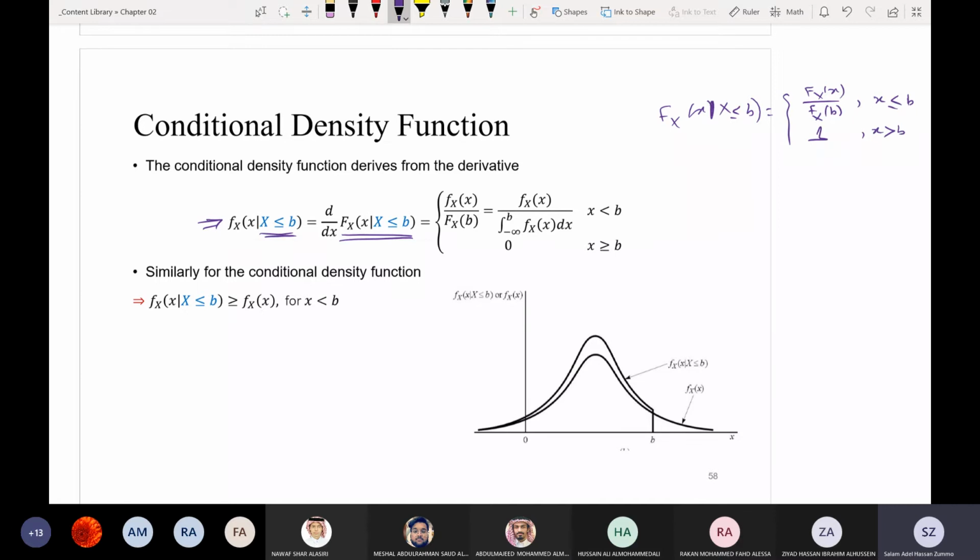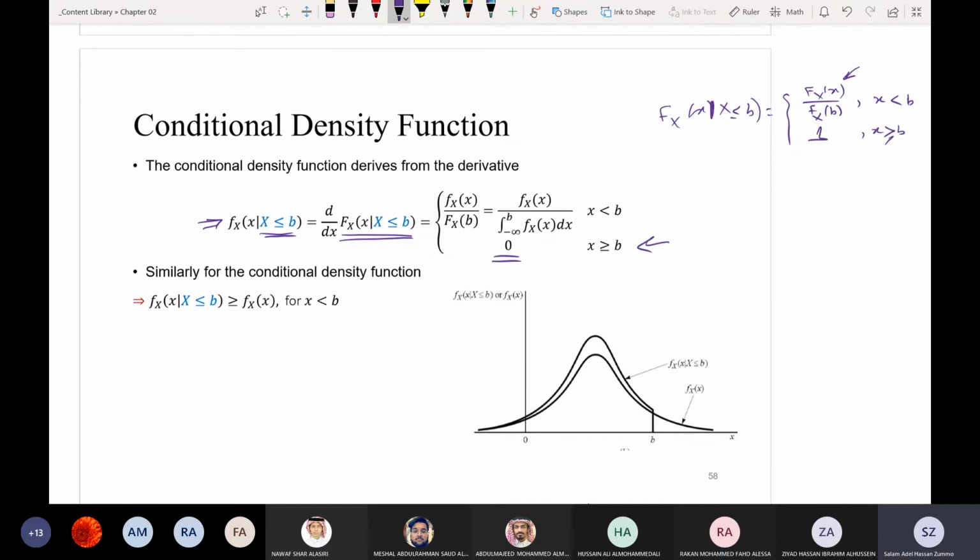So differentiating this gives you the following. For x larger than or equal to b, هذه هنا equality. For x larger than or equal to b, we have 1. Differentiating 1 gives you what? 0, right? 0. Yes. And for x less than b, we had a function, a CDF divided by a number.